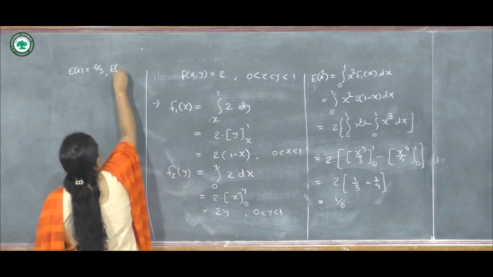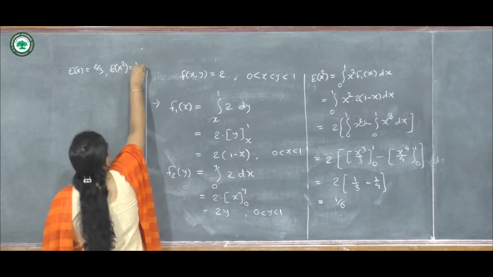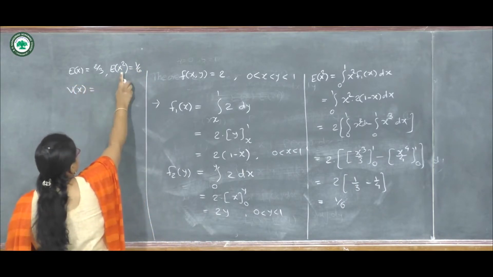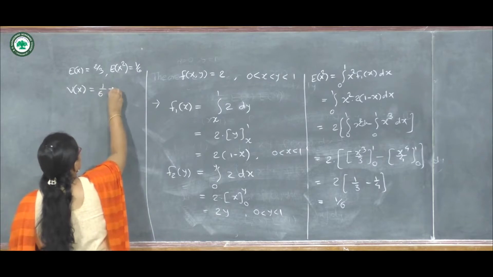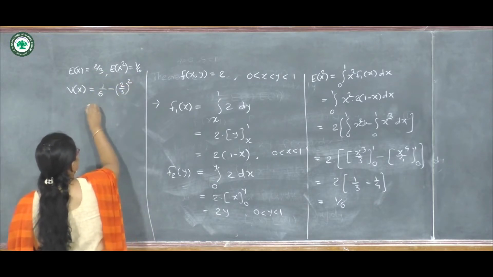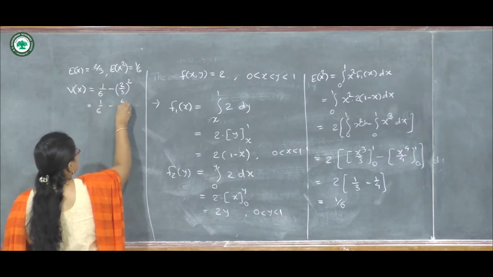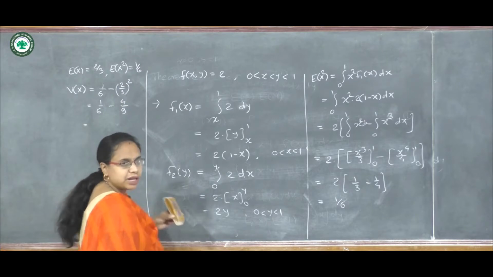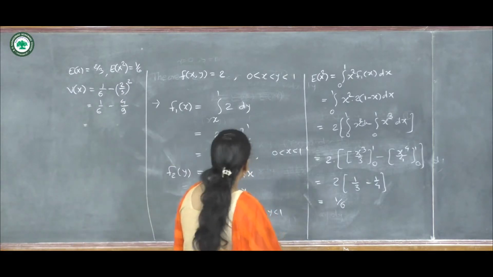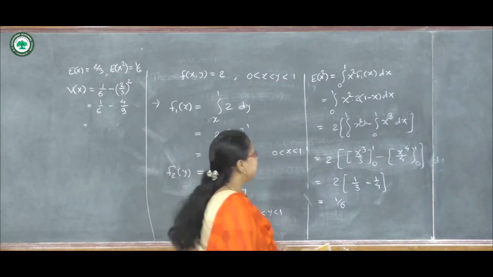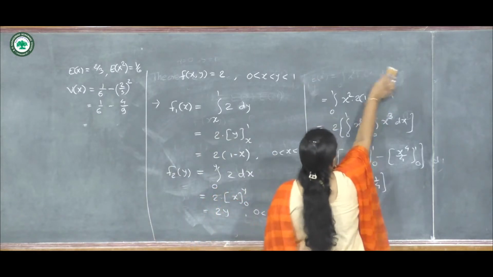So expected x square is 1 upon 6. We can calculate the variance from that. So the variance of x is 1 upon 6 minus this 2 upon 3 square. By solving this, we will get our variance. Similarly, we can find out expected y and expected y square.